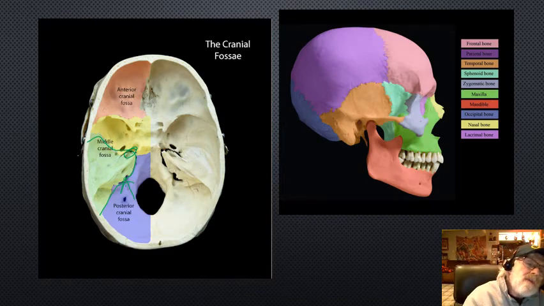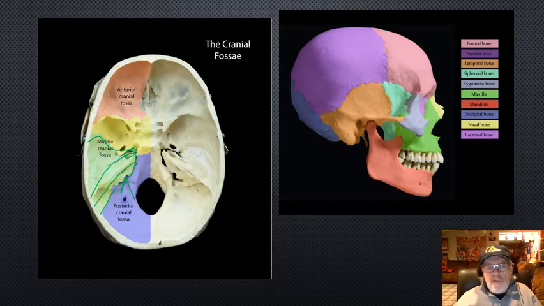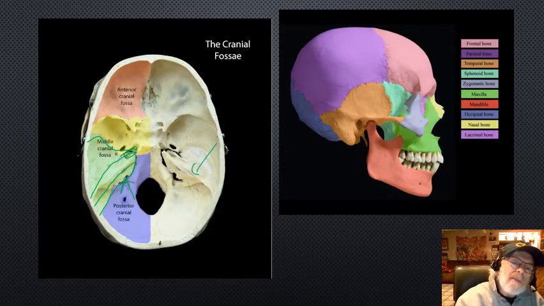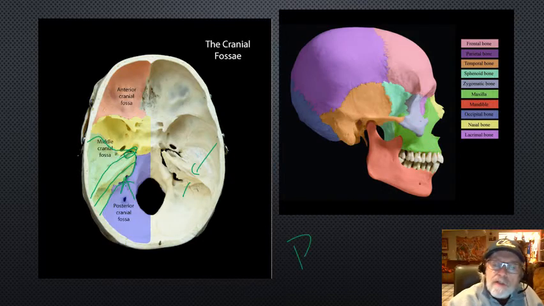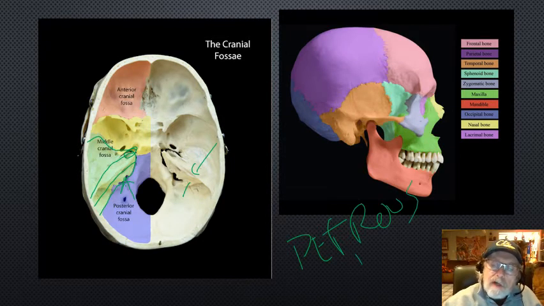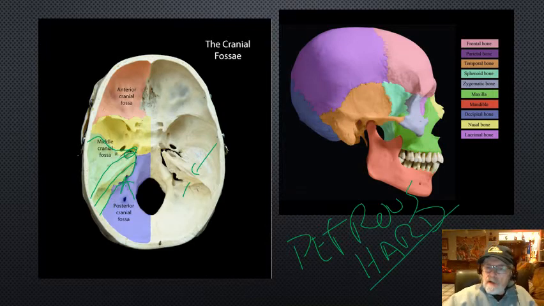This area right here is the one I talked about, which is called the petrous portion. It's a very firm ridge. You can actually see it sitting up here like a peak. It comes all the way across, and that's called the petrous portion. Petrous means hard, like Peter. Peter means rock. Okay, and basically that's the petrous portion, very hard.